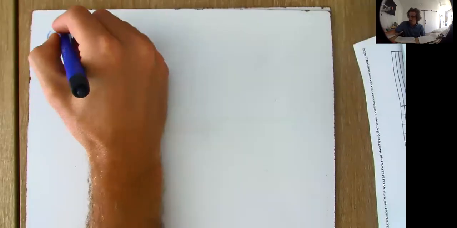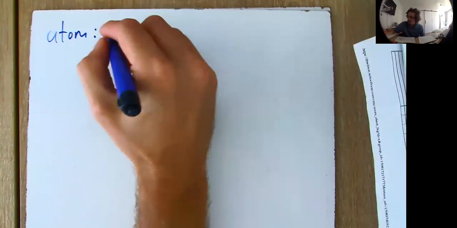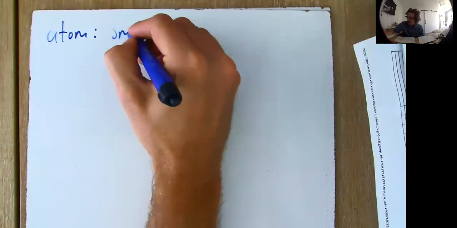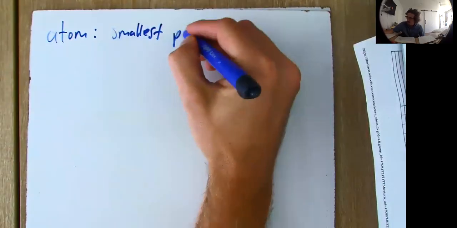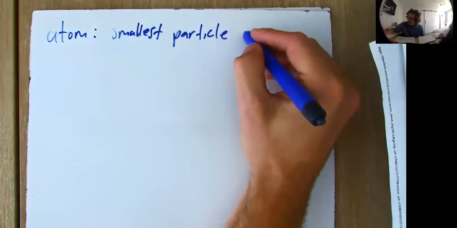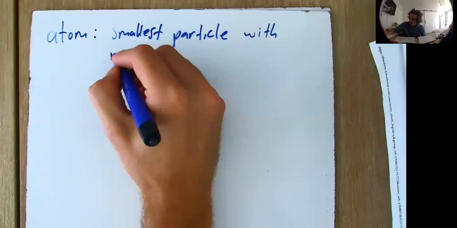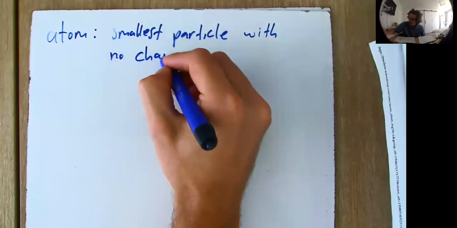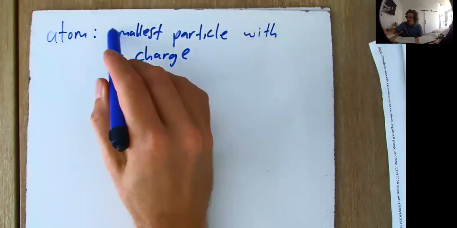First definition for the day is we're going to add to our definition of atom. Okay, so an atom is the smallest particle with no charge.